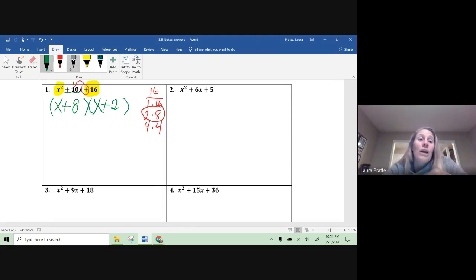So now how would we check our work for this? If we want to check our work, and I'm going to do this for a couple just to review, you do that foiling to check.